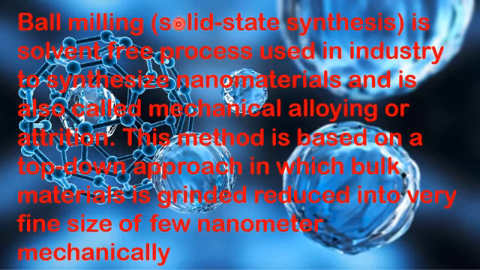So in simple words, the ball milling method is a top to down approach, and it is a very simple method of crushing a bulk material into very small fine nanoparticles without using any type of chemical solvent. Please note that this method is also known as mechanical alloying or heterogen method.